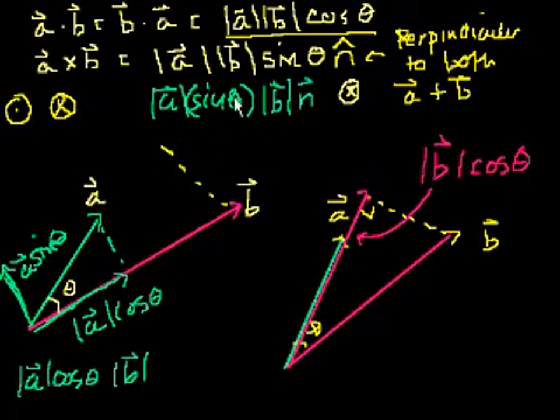So if you take A sine theta times B, you're saying what part of A doesn't go in the same direction as B? What part of A is completely perpendicular to B? Has nothing to do with B. They share nothing in common. It goes in a completely different direction. That's A sine theta. And so you take the product of this with B, and then you get a third vector. It almost says how different these two vectors are, and it points in a different direction.